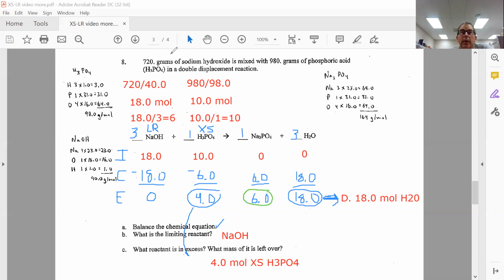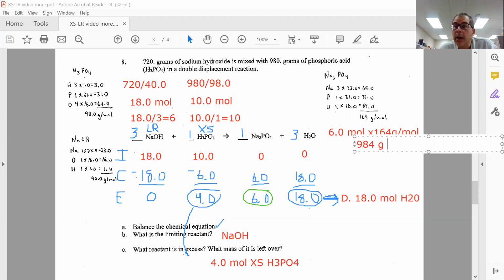This would be 6.0 moles, and it's going to be times 164 grams per mole. You can see right above, that's the molar mass. And I'm going to say grams per mole, and that's going to equal, I believe, 984 grams. And I will clarify that, Na3PO4.